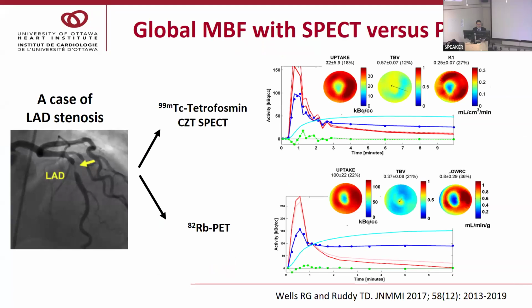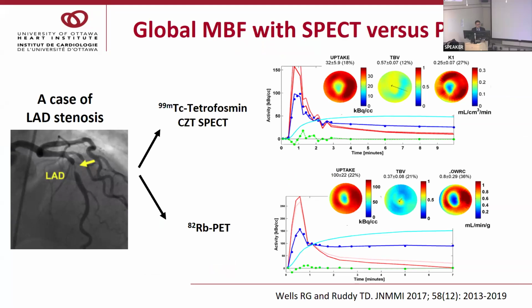This slide compares time activity curves acquired with SPECT and PET in patients with LAD stenosis. The top panel represents data acquired with CZT SPECT, while the lower panel corresponds to PET.